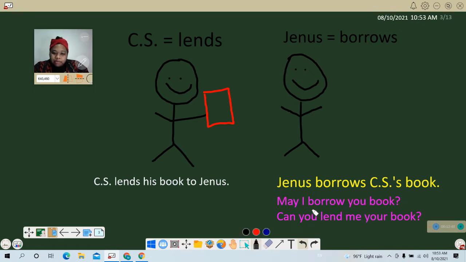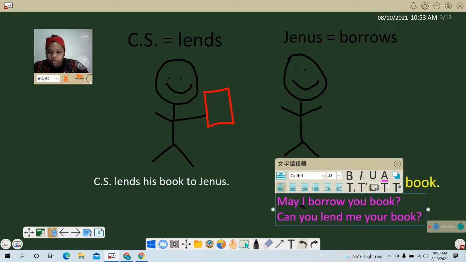Now here it is borrow because may I, that means it's me. So Janus, may Janus borrow your book? You change it. May I borrow your book? Your book. Why did I put your book?